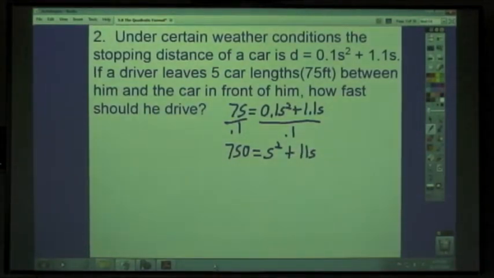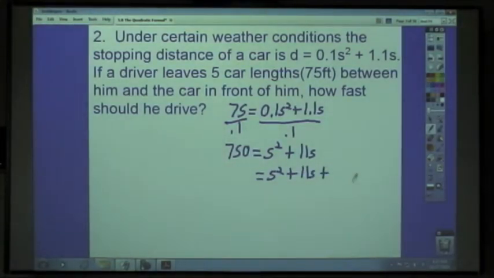So then, just like number 1 that we did just a few moments ago, we want to solve it by completing the square. So we take 11 and we divide it by 2 and we square it. When we do that, we are going to get 121 over 4.